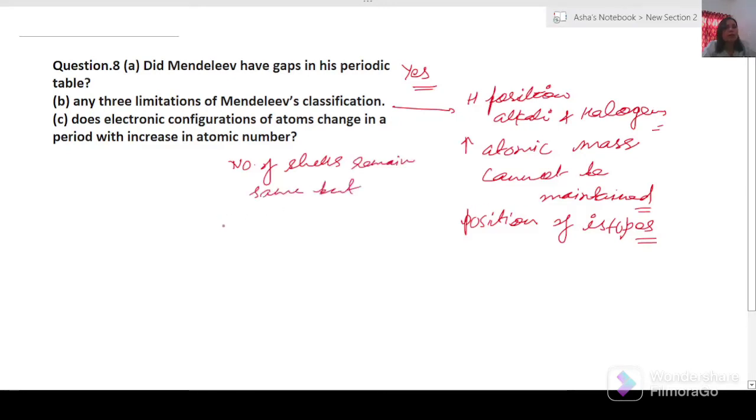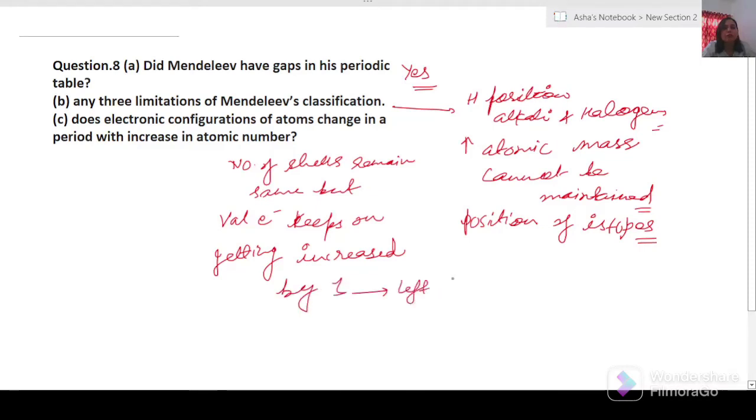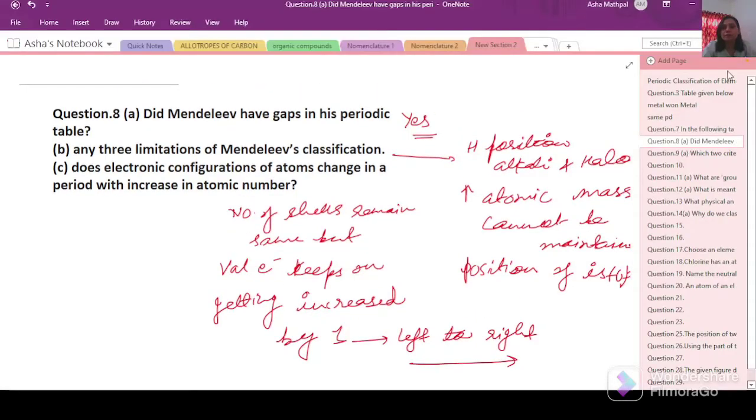But valence electrons keep on getting increased by 1 when we move from left to right in the period. Okay, like this. Now let us go to the next question.